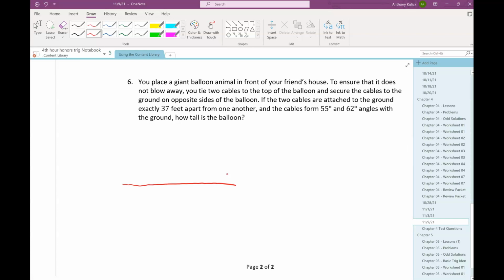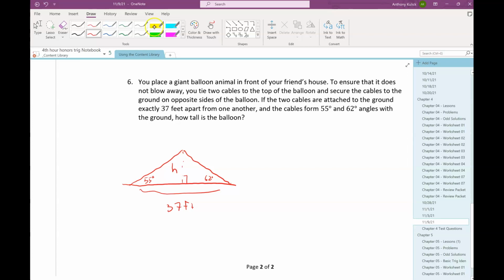The 2 cables are attached to the ground exactly 37 feet apart, and one of them forms a 55-degree angle with the ground, and the other a 62-degree angle with the ground. We're interested in how tall is that balloon, right?